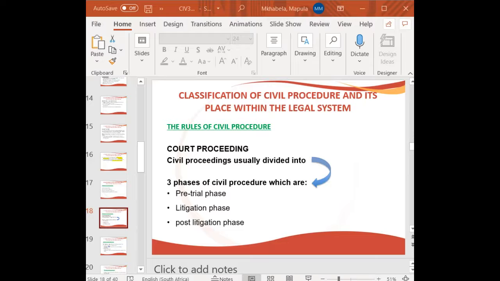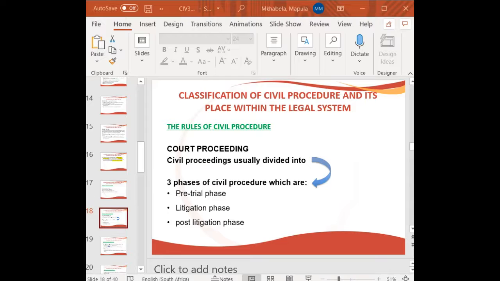Locus standi, ladies and gentlemen, deals with whether the person suing is the right person to sue, and also whether the person has mental capacity. So there are four categories of persons that cannot participate in a lawsuit: a minor, a prodigal person, an insolvent person, and a mentally unfit or insane person.